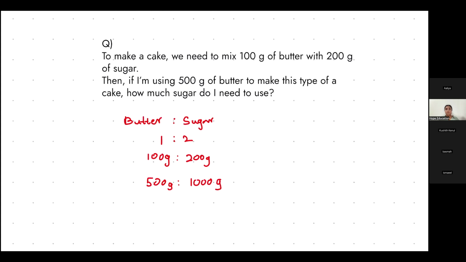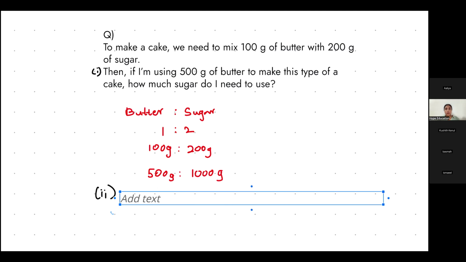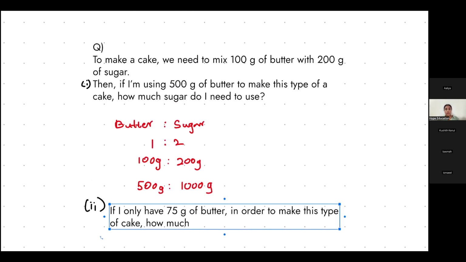What if this is Roman number 1, Roman number 2. If I only have 75 grams of butter, in order to make this type of cake, how much sugar do I need?